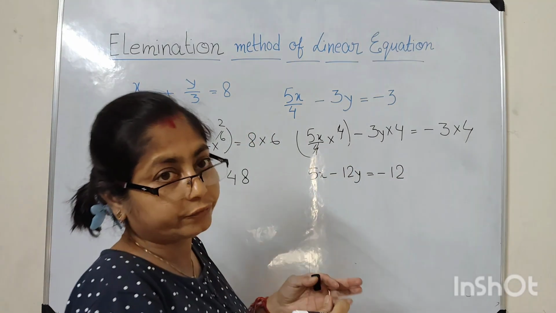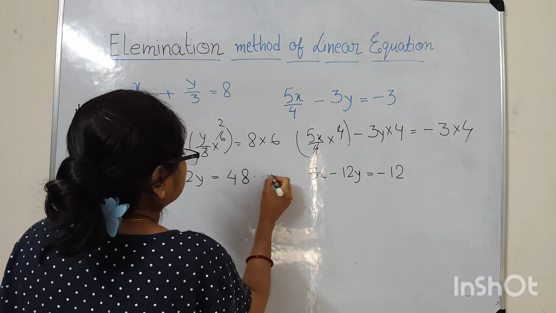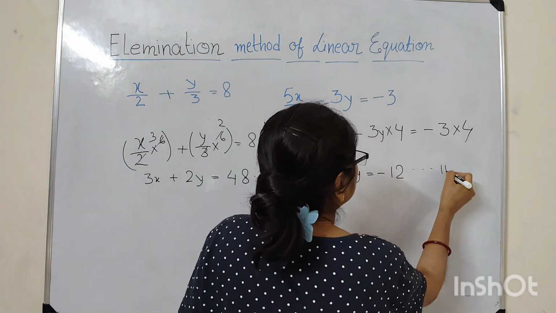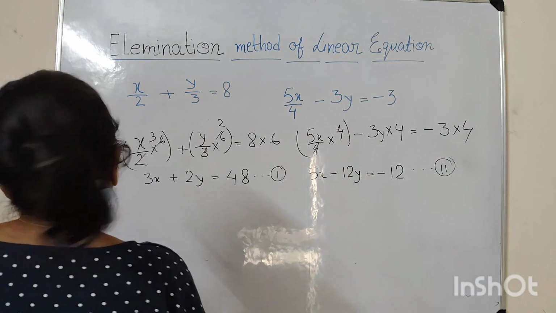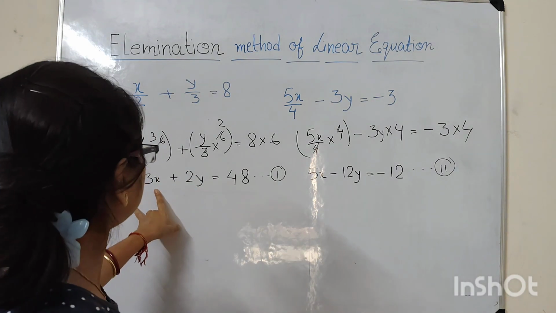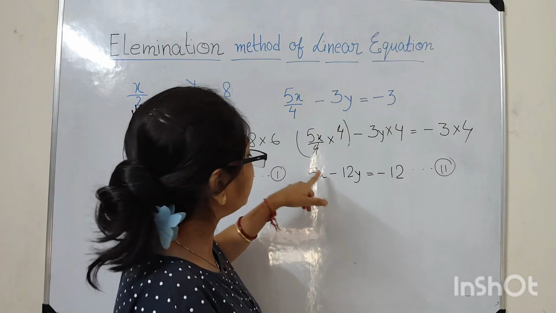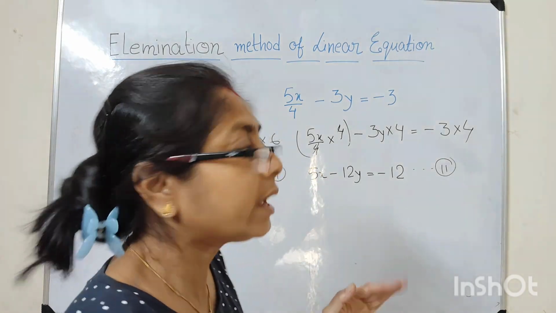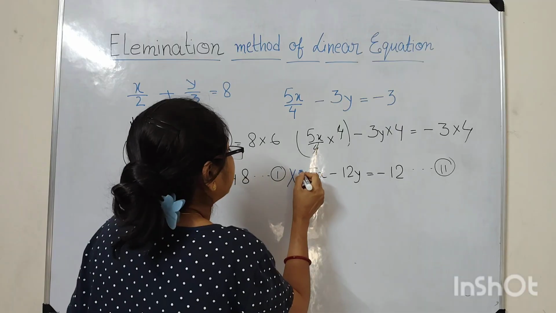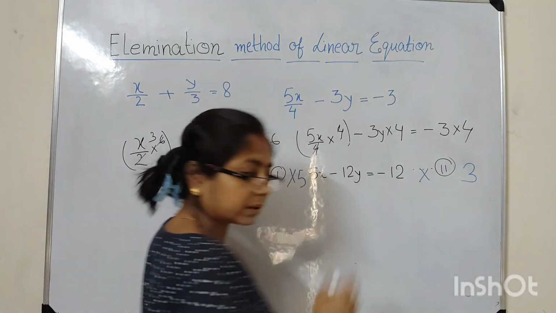Now you follow the previous rule. First you mark it. This is number 1 equation and this is number 2 equation. Look, here there is 3 before x and there is 5 before x. So what you are doing? You multiply this one with 5 and this one with 3. Clear?